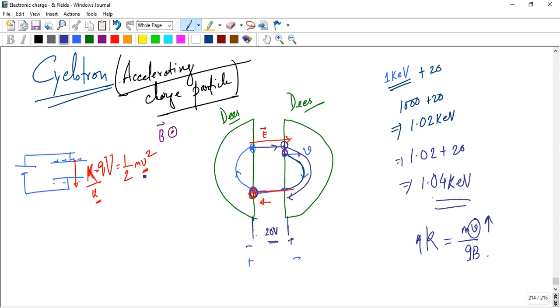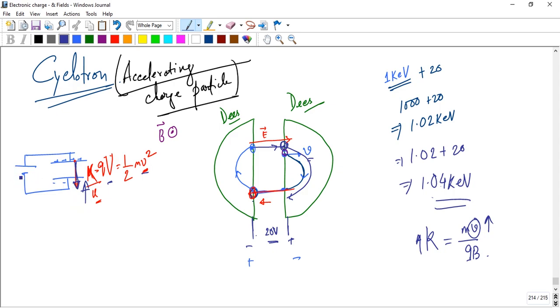Now there is some rotation. In one rotation, the proton gains velocity, and that is how it gains energy. So the potential gives it a gain, not a decrease in velocity.